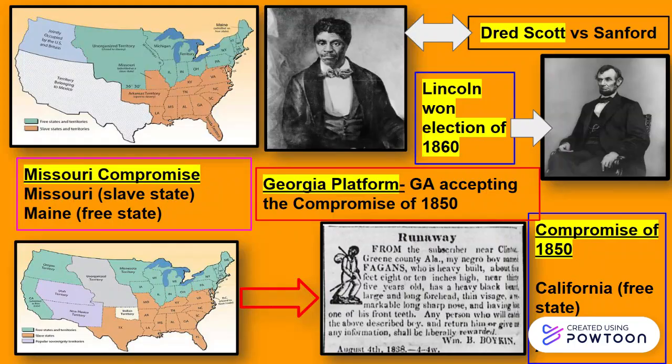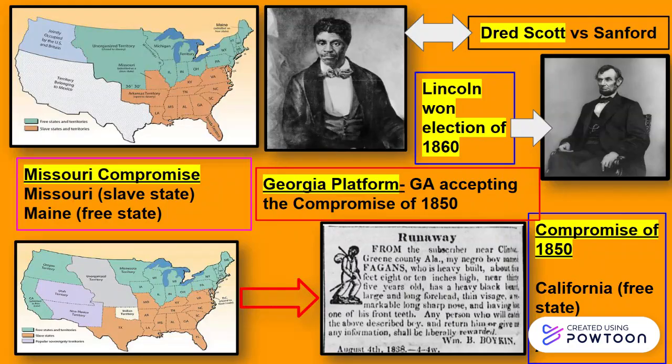Then came the Compromise of 1850, which again, we're still having tension brewing in American history at this time. So with the Compromise of 1850, California wanted to be a state of America. But unfortunately, or I guess fortunately, depending on how you look at it, there was not a slave state to also give equal representation.